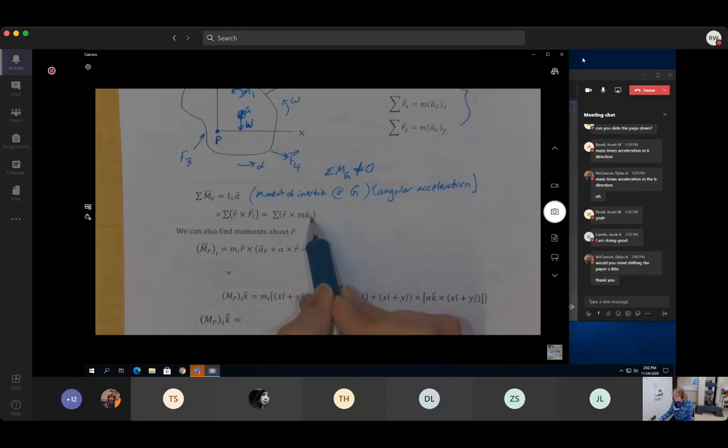Functionally, this acceleration can be treated as a tangential type of acceleration, and so we can divide by r to get to alpha. But then we've got another r, and so it's r squared times m, which is our moment of inertia. So that's how this functionally ends up working.